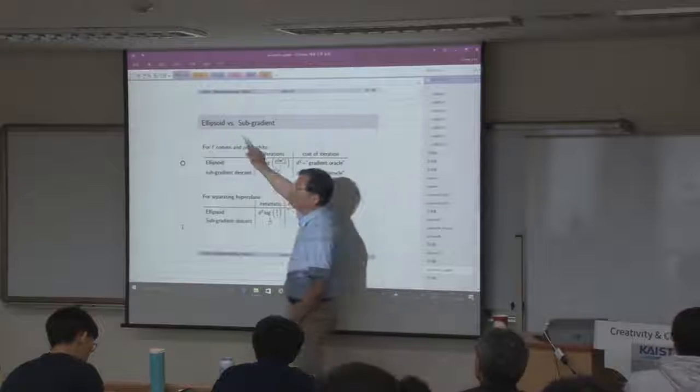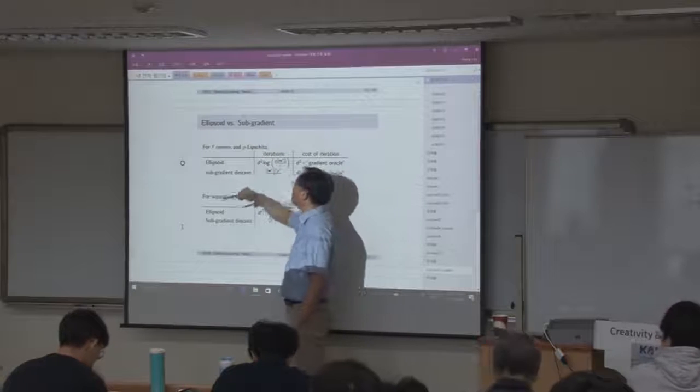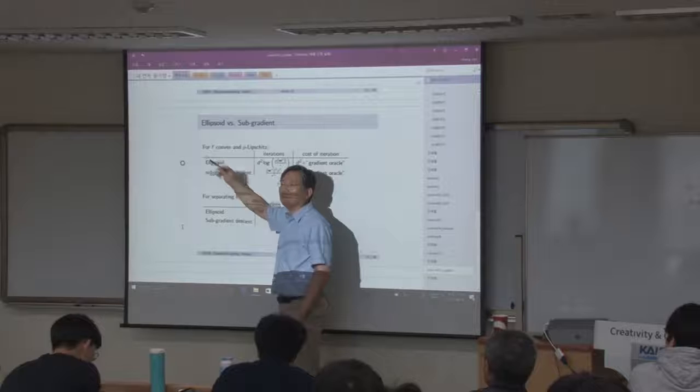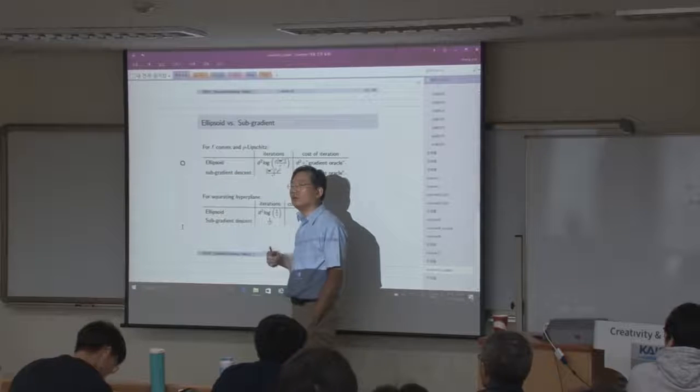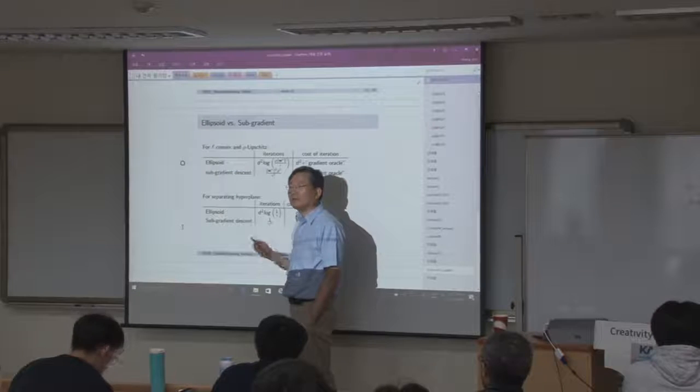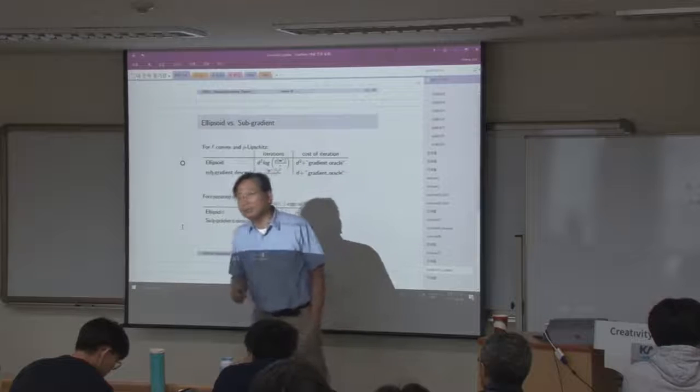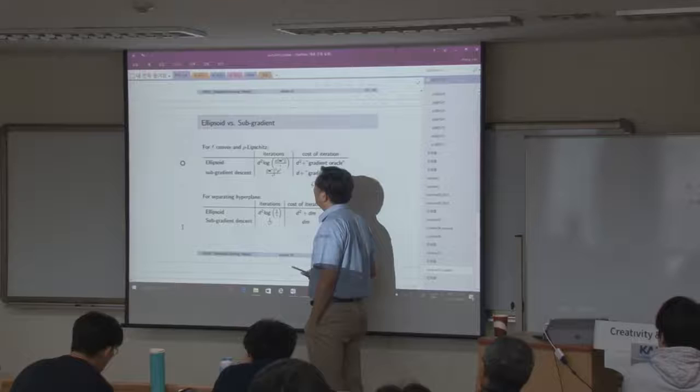Comparing ellipsoid to subgradient. Now, this is an old algorithm, but it's an incredible algorithm. It's complicated, but it's good.